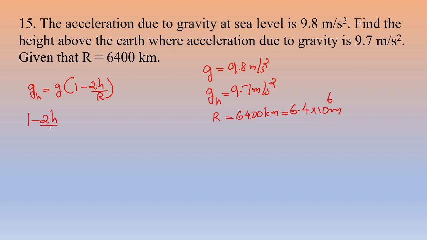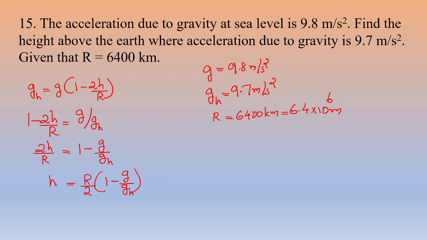So we can write 1 minus 2h by R is equal to gh divided by g, or 2h by R is equal to 1 minus gh divided by g. Therefore, h is equal to R by 2 into 1 minus gh divided by g.